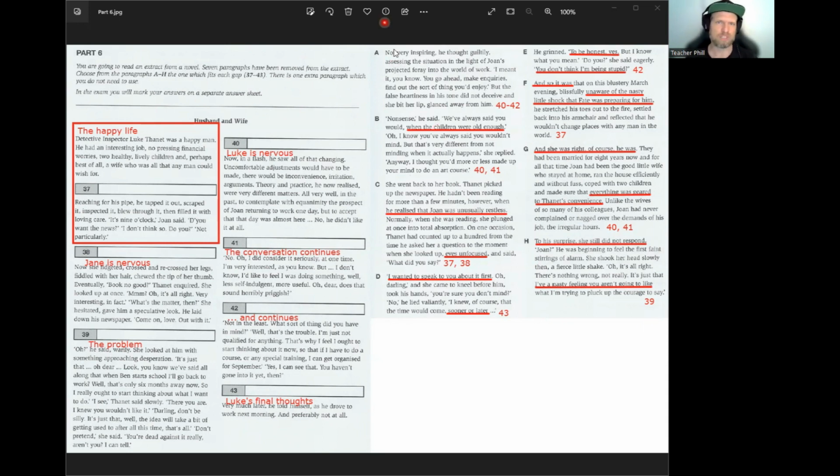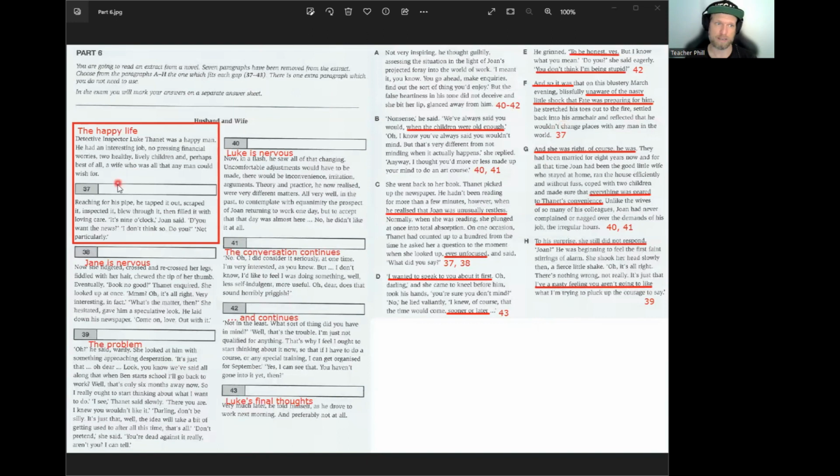So there are a few sentences where I am quite sure where they might go. For example, paragraph F, the only gap where I really see that one go is 37, the first gap. And when I look at my other sentences, there's only one other paragraph here, C, where I even consider 37. So let's have a look at these two and we can make a decision.